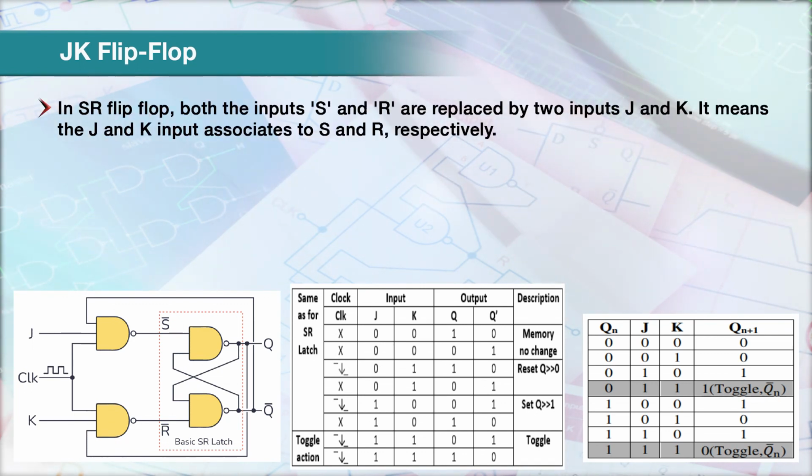In the SR flip flop, both the inputs S and R are replaced by two inputs J and K. It means the J and K inputs are associated with S and R respectively.